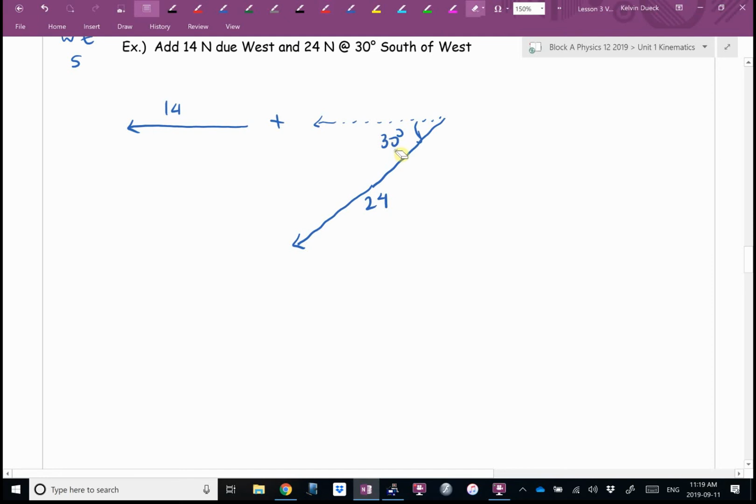Do you see an angle? Components. I'm going to break this up into Fx and Fy. I don't care about the 14, it's already good.